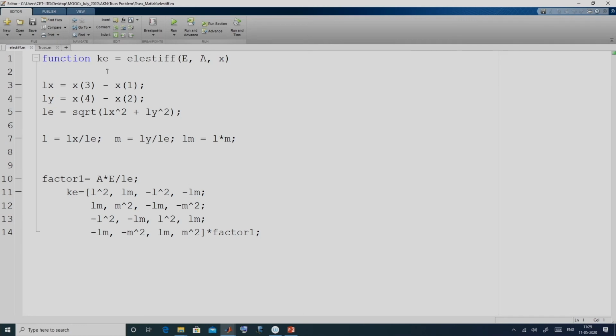Now, we understand the MATLAB implementation for truss problem with respect to this example. This MATLAB function returns the element stiffness matrix for one element, where input is Young modulus, area of the element, and this x is the coordinate vector.